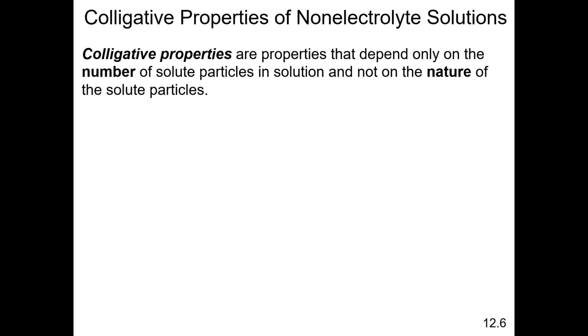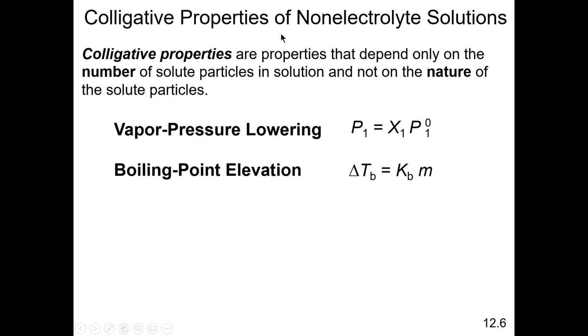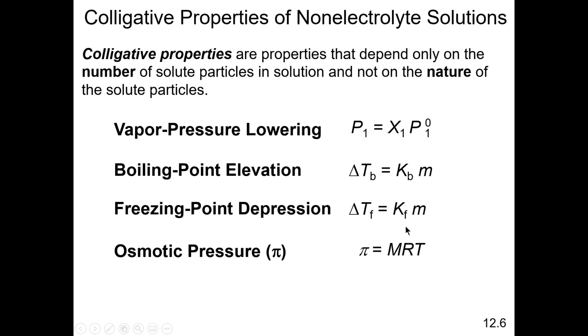Okay, so what I'm going to do is stop here, but let me continue with this first. So in the case of non-electrolyte solutions, these are the four colligative properties that we discussed, right?